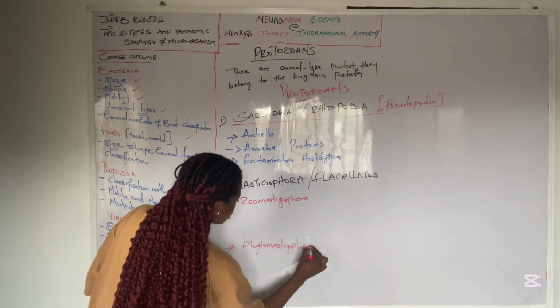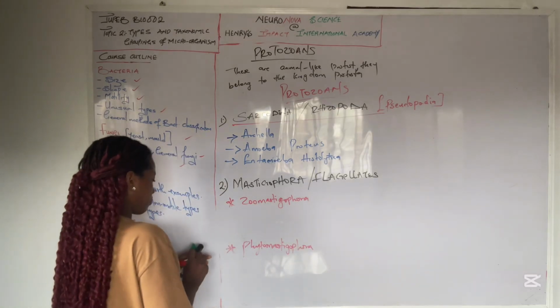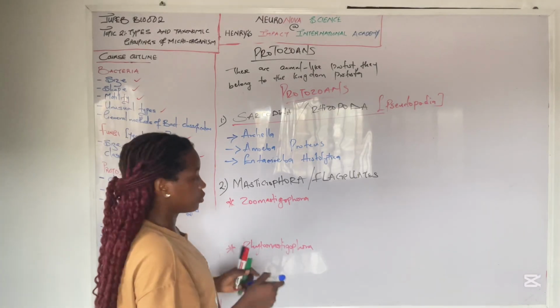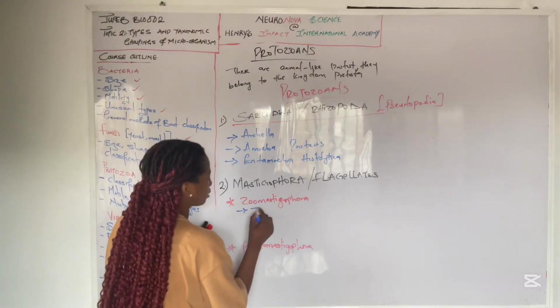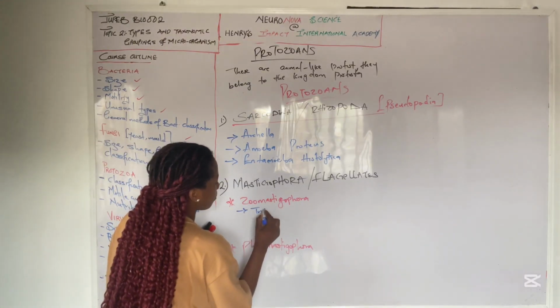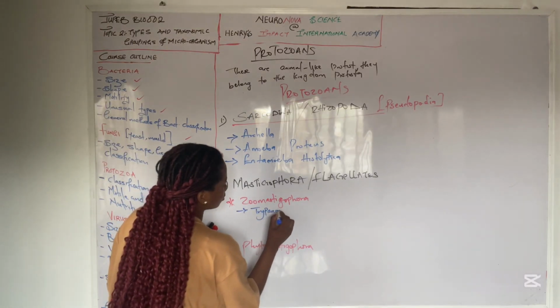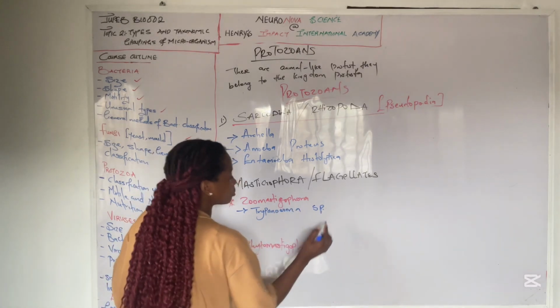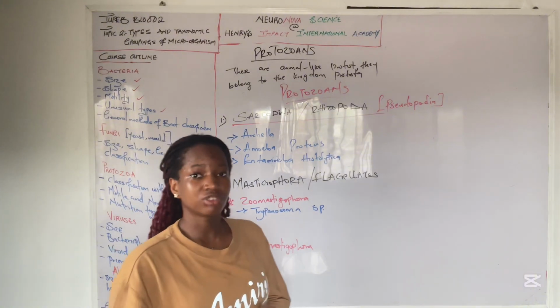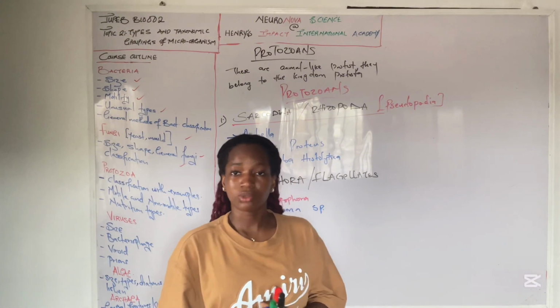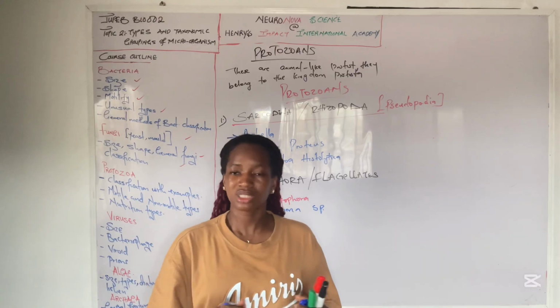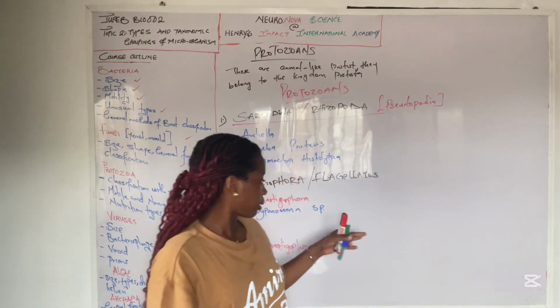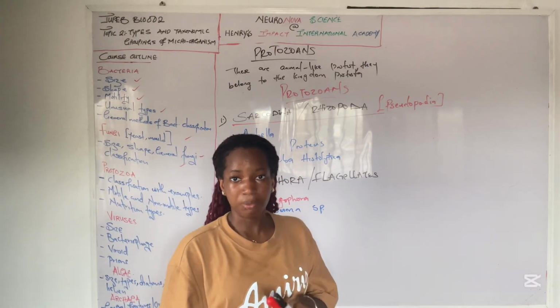If they ask you to give one or two examples of a Zoomastigophora, you should be thinking about Trypanosoma. Let me call it Trypanosoma species because there are various species: Trypanosoma brucei, Trypanosoma cruzi, Trypanosoma rhodesiense. These are Trypanosomas, which cause sleeping sickness.